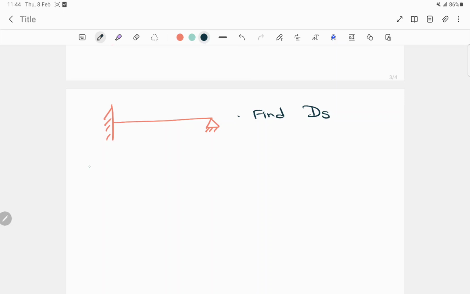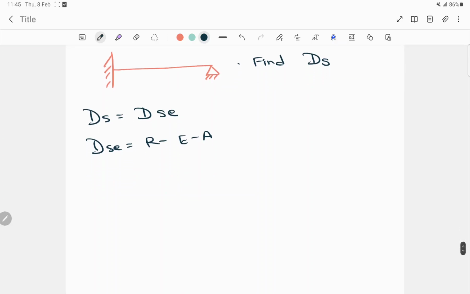We have the formula DS is equal to DSE, and DSE is equal to R minus E minus A. For a fixed support we have three unknown reactions, that is vertical, horizontal and the moment, and for the hinge support there are two unknown reactions, that is vertical and horizontal.